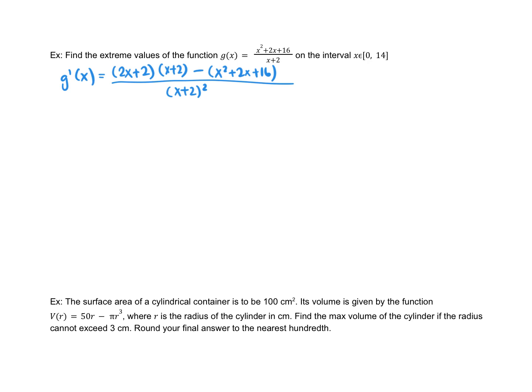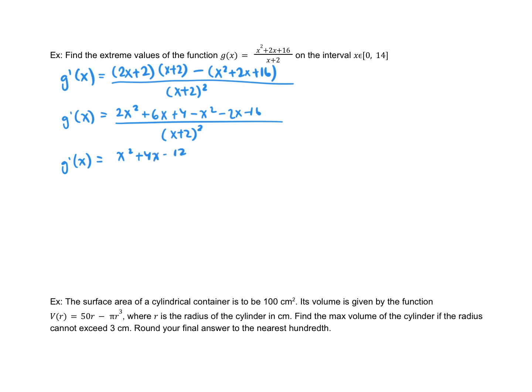Just going to do a little cleanup here. So I have 2x squared plus 4x plus 2x, so 6x plus 4 minus x squared minus 2x minus 16 all over the denominator squared. And then x squared plus 4x minus 12 over x plus 2 squared.